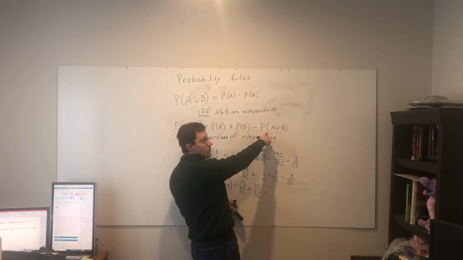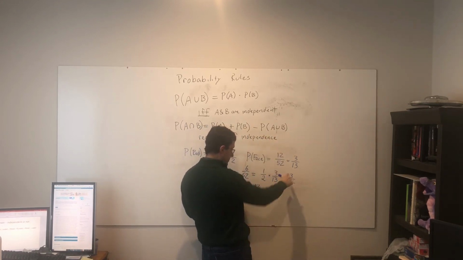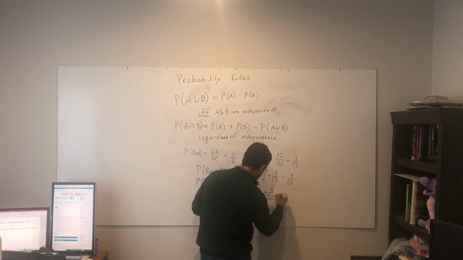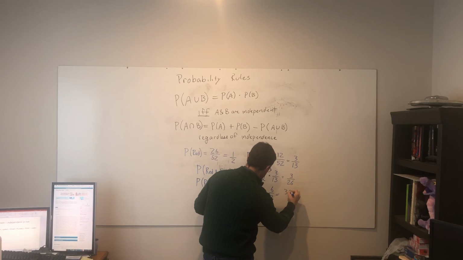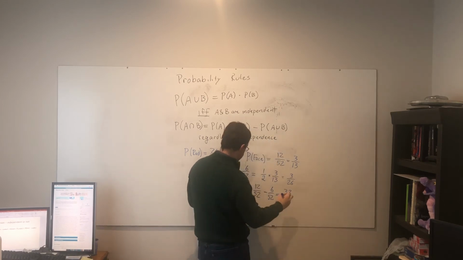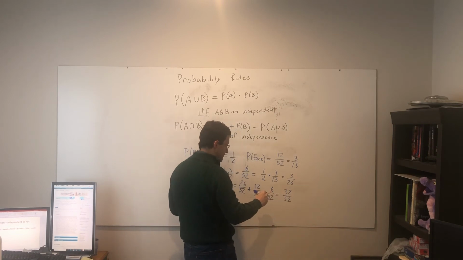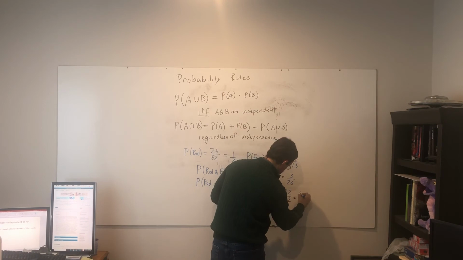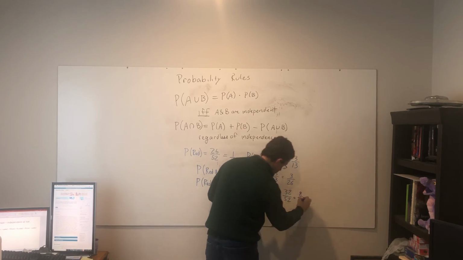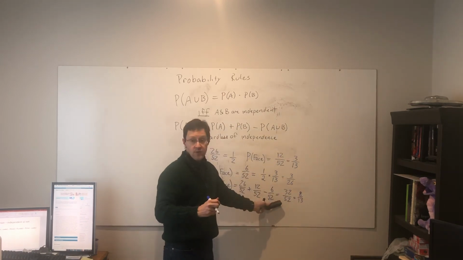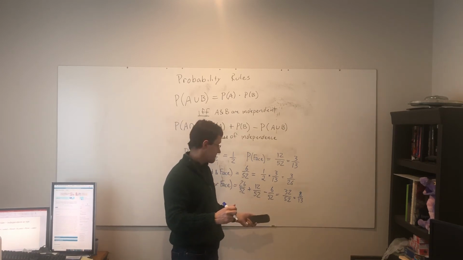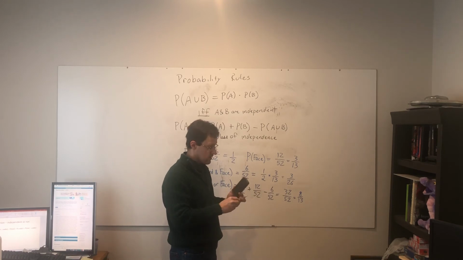So, as I said, I subtract out the red face cards. And I get 32 cards are red or face, or both.